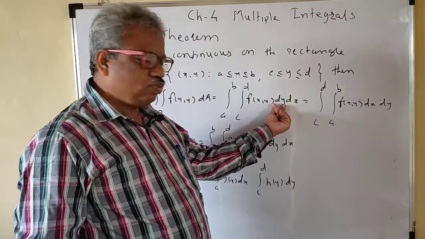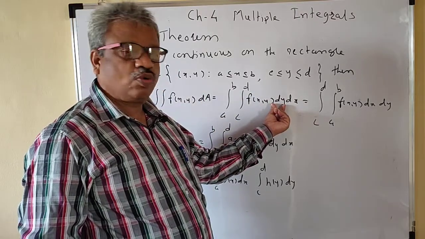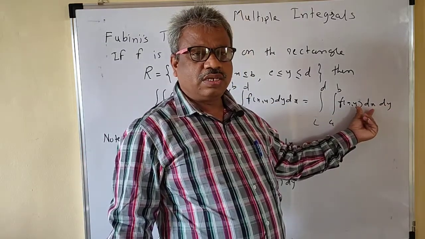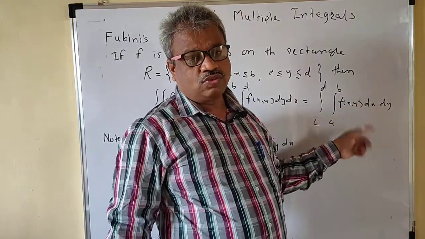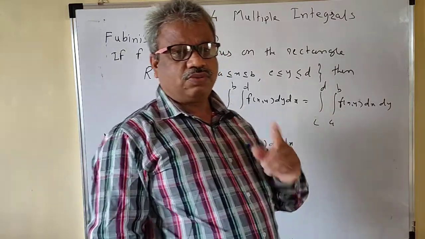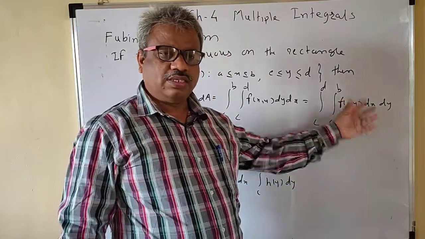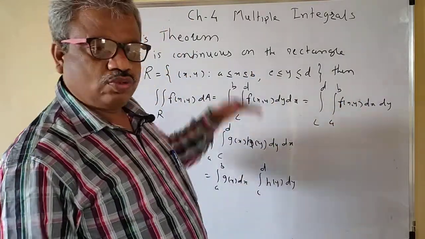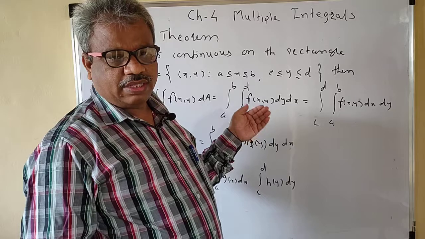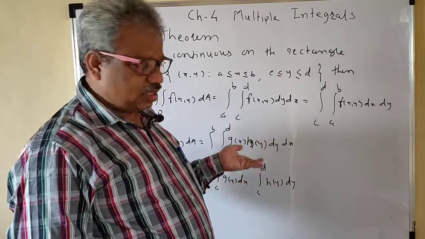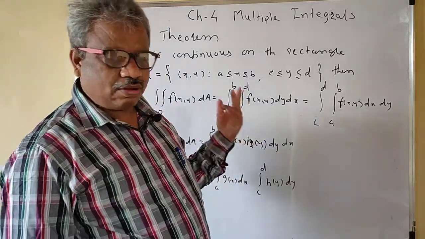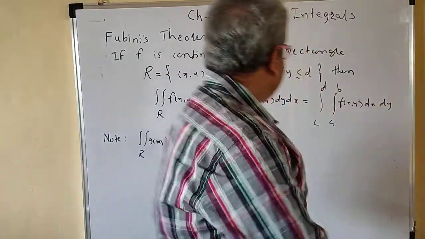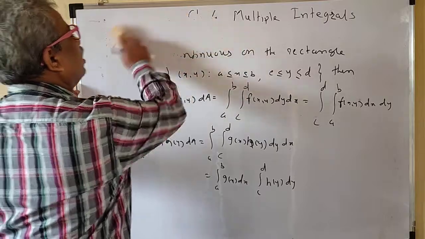Here, with dx dy, you must integrate with respect to x first, so y should be kept constant. Use the usual formula which you studied in 11th, 12th, or last year in S.Y.B.Sc. We'll take a problem so that your idea will be clear.